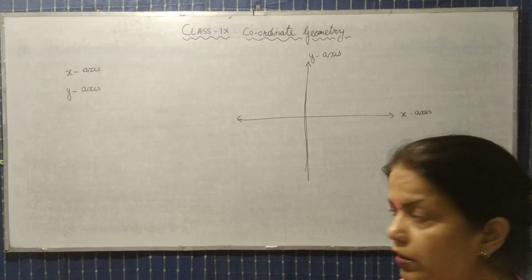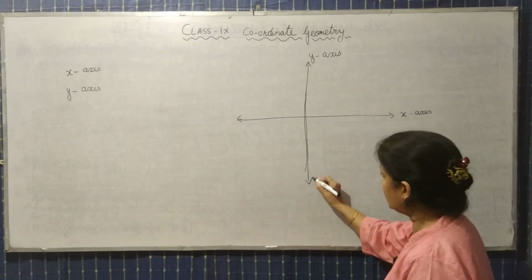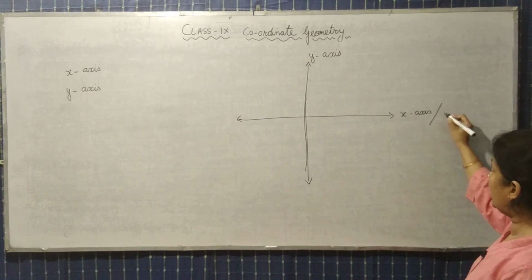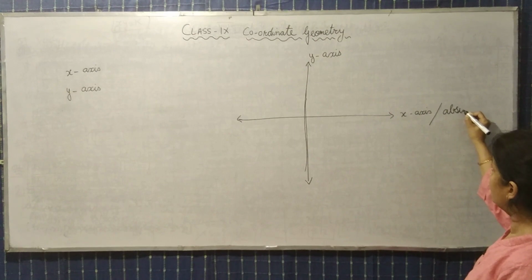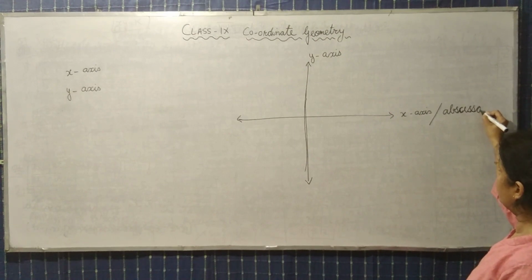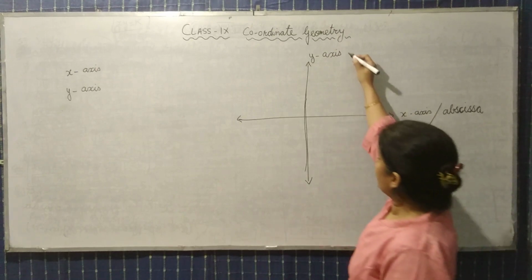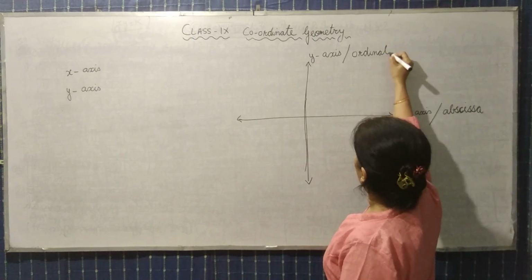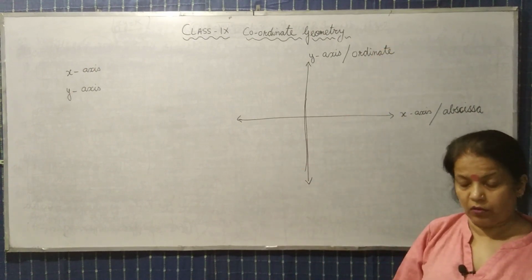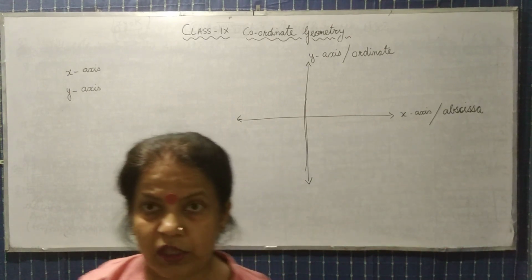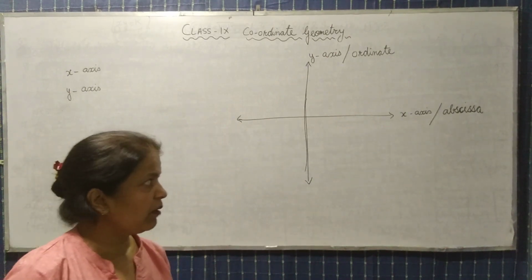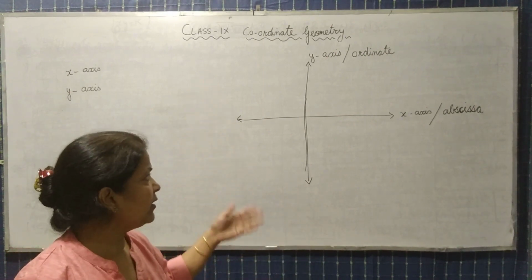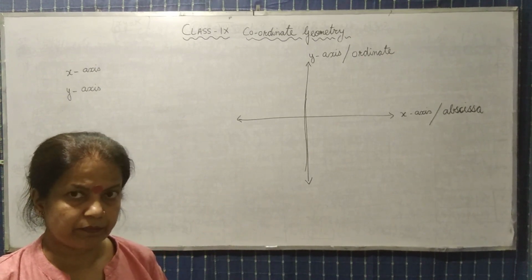Or we can say that the other name of x-axis is abscissa, and the other name of y-axis is ordinate. So the horizontal line is also called x-axis and its other name is abscissa, and the vertical line is y-axis and its other name is ordinate.